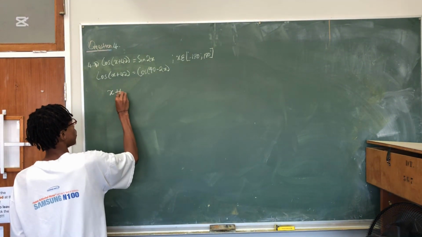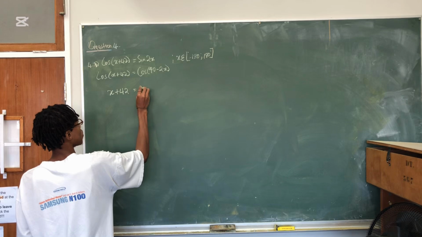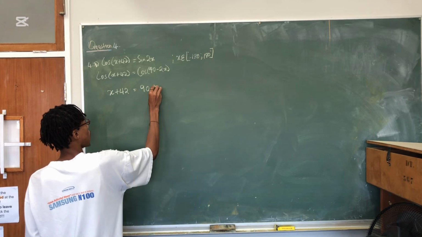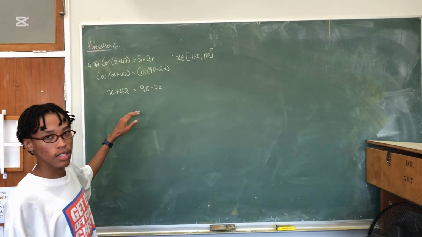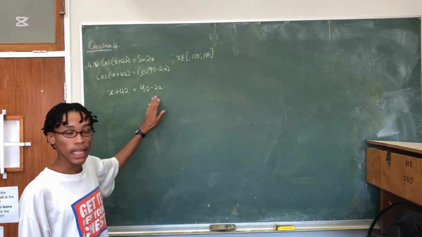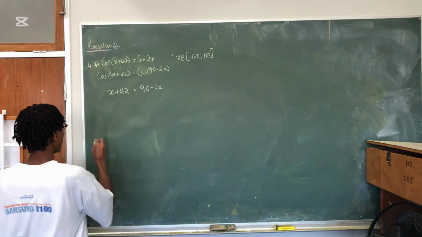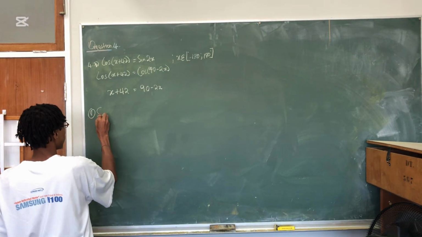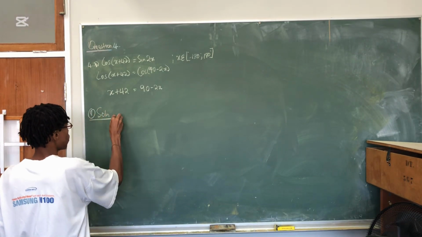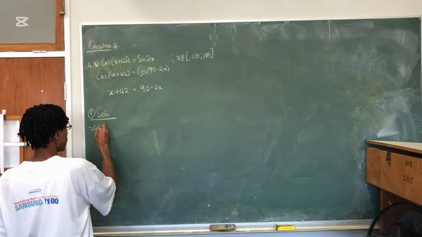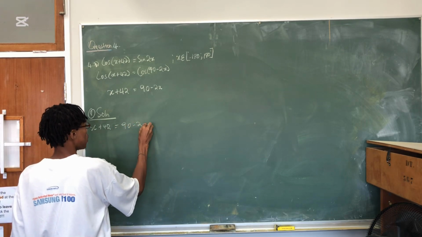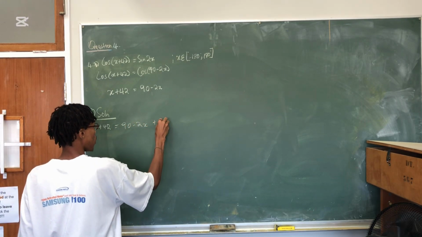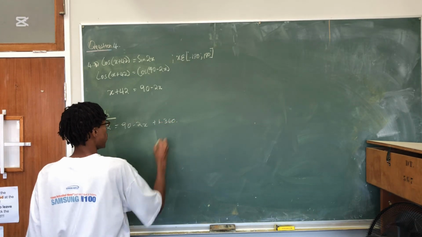X plus 42 is equal to 90 minus 2x. This is going to be our reference. So this is going to be our first solution. First case, we're going to say x plus 42 is equal to 90 minus 2x plus k times 360.